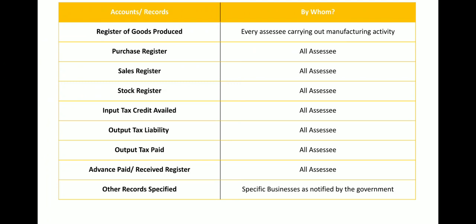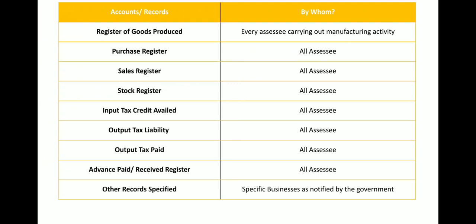The name of the supplier is recorded in the purchase register, but in the sales register we need to record the name of the customer to whom the sale has been made, and the GSTIN of this customer. The invoice number and date, whenever the sale is made, must be mentioned, along with the place of supply, the name of the state, and the category of sales, whether domestic sales or exports.